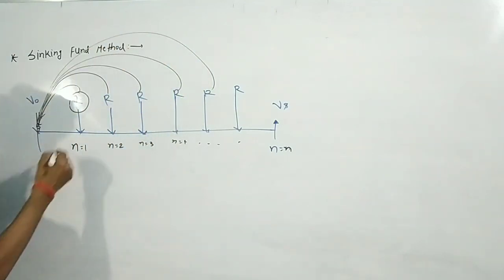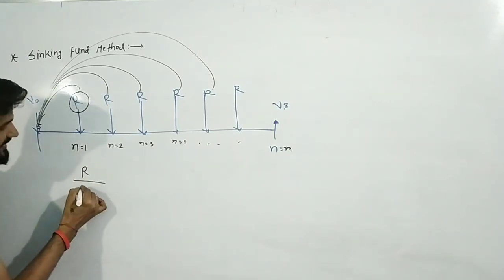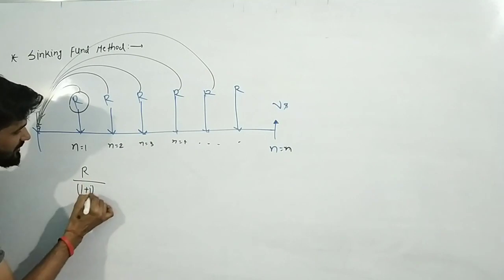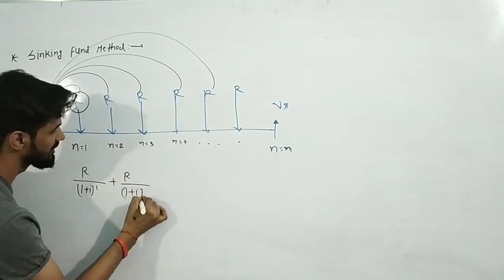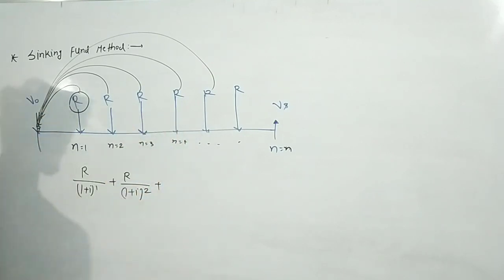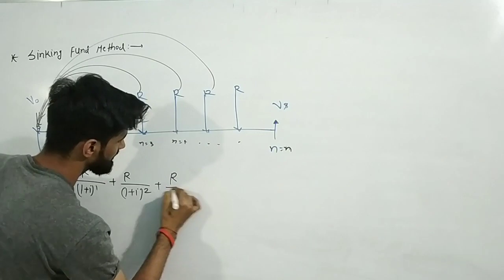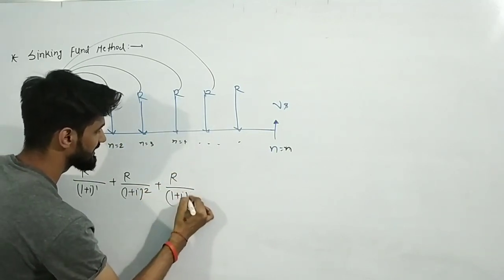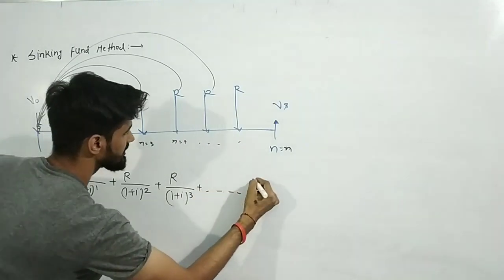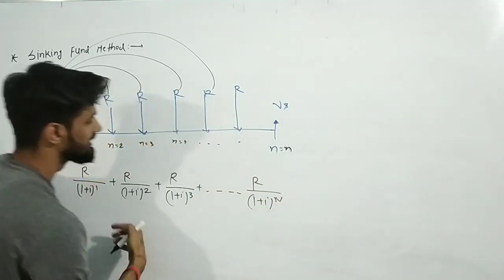Then how will you get it? For the first year, if the rate of interest is i, you will get R upon (1 plus i) to the power 1, plus R upon (1 plus i) to the power 2, because it is a series of equal cash flows. So each and every year you get R amount, and the present value in the nth year is R upon (1 plus i) to the power n.